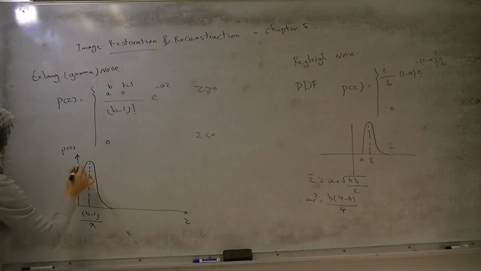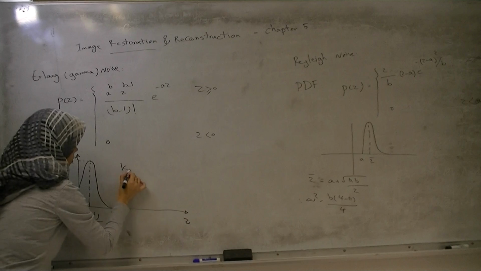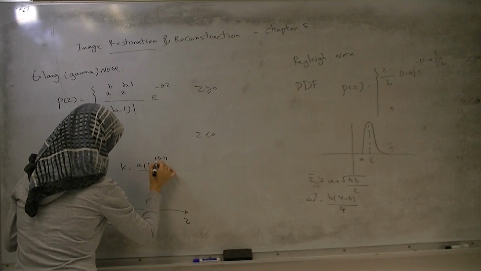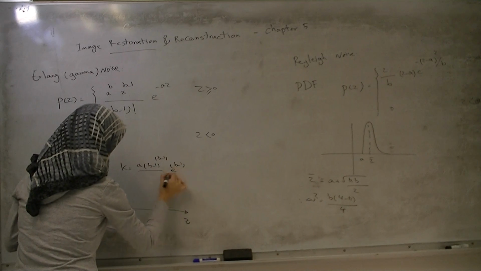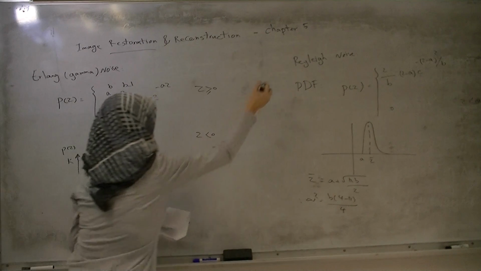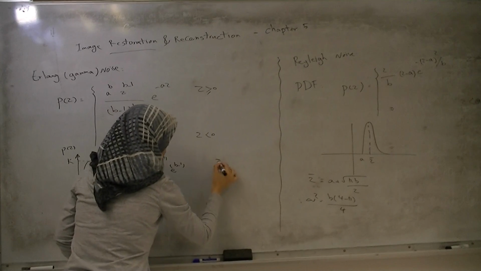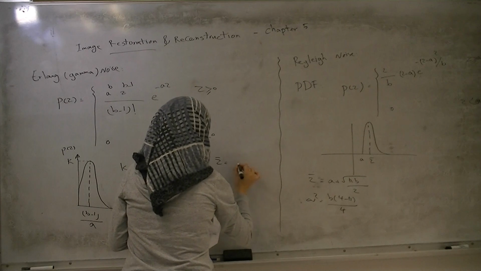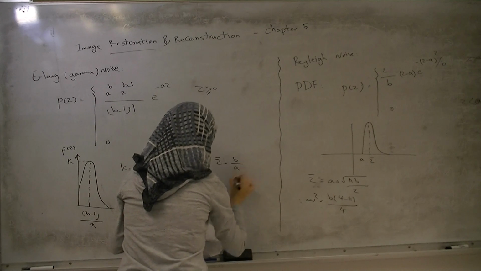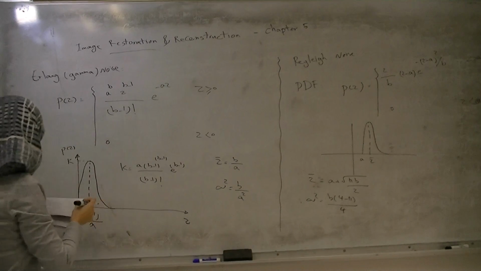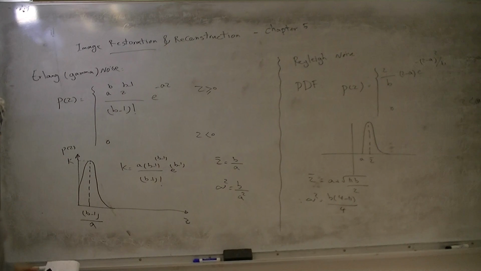The mean of the gamma or Erlang noise is b over a, and the variance is equal to b over a squared. And Erlang and gamma are not exactly the same.